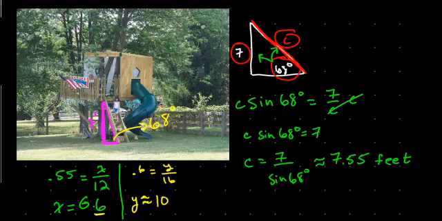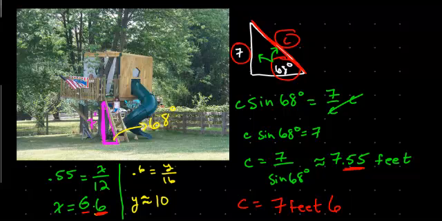So over here we get that C. Now this is important if I'm outside doing carpentry, because it's hard to find 7.55 on the tape measure. So we get 7 feet, and the 0.55 gave me 6 inches, and the 0.6 gave me 10/16.